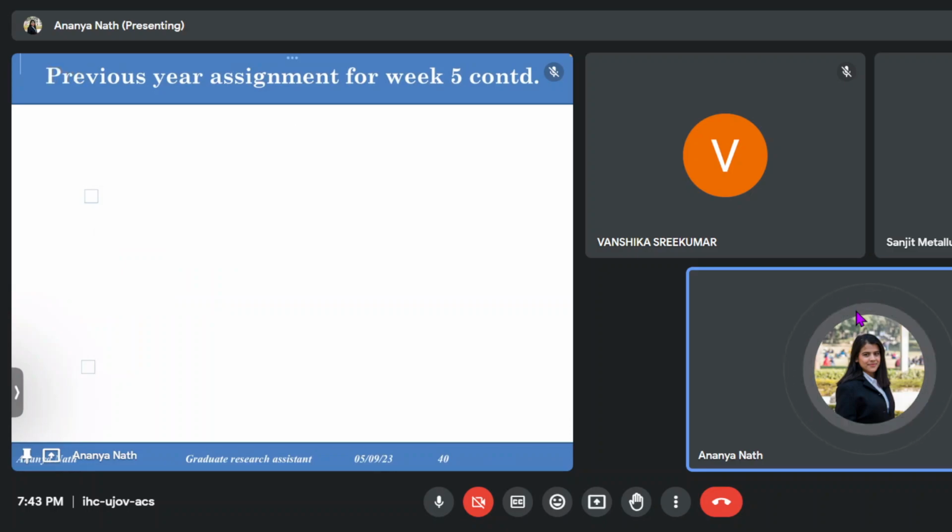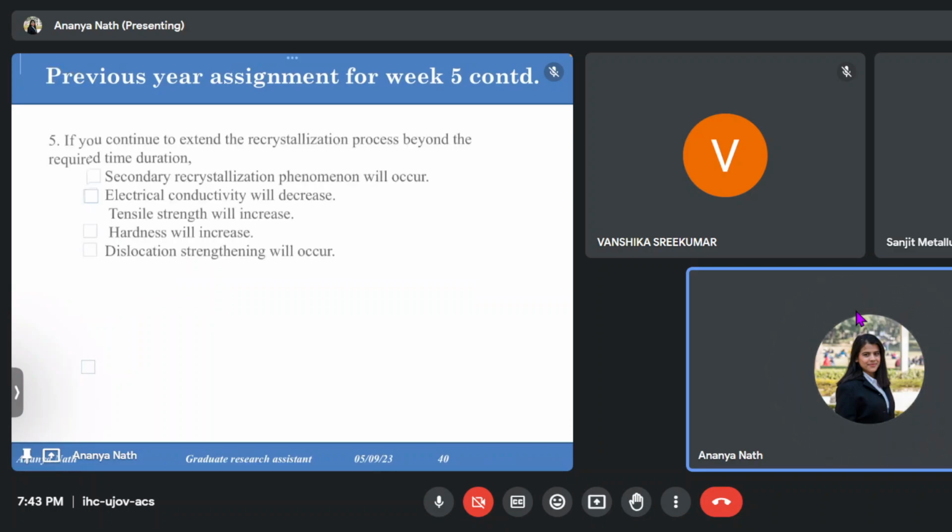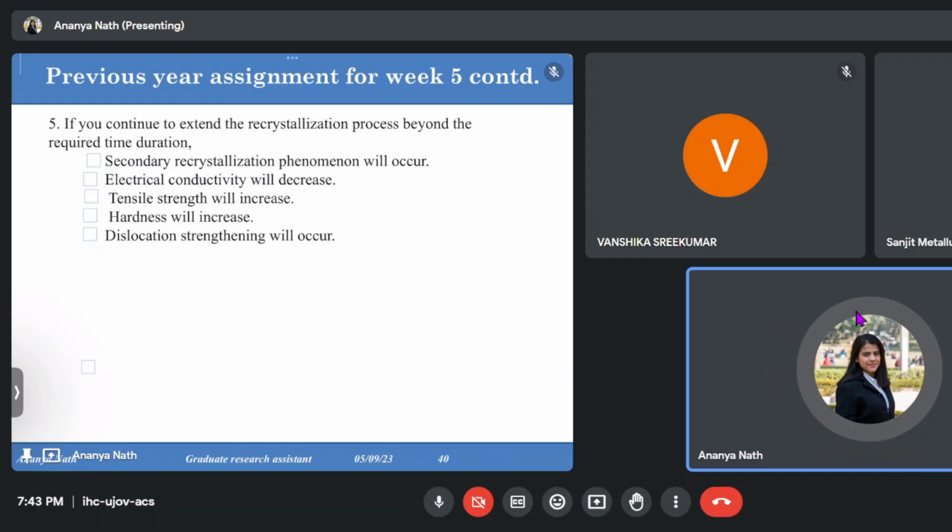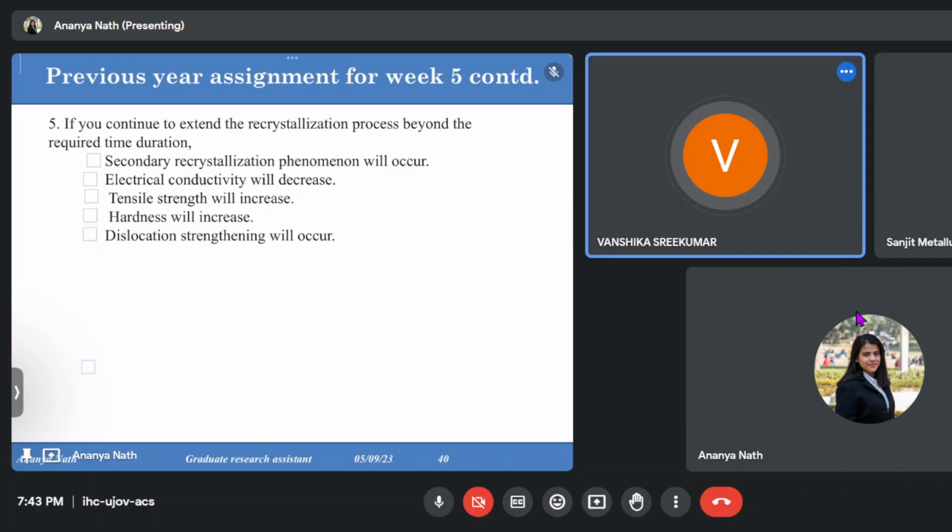So the next question is, if you continue to extend the recrystallization process beyond the required time duration, what may happen? Secondary recrystallization will occur and electrical conductivity will decrease.